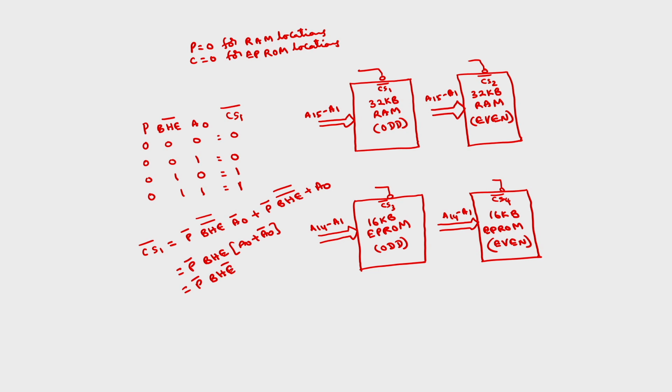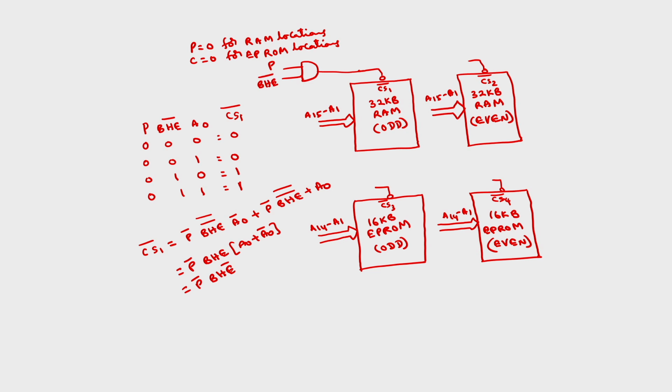So what will be the chip select of this one? P and BHE signals you have to connect to this. When both are zeros only, the output should be 0. So what should be the gate? AND gate. This is P and BHE bar.